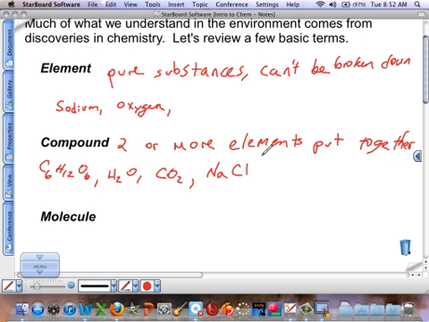So those are some common compounds. Now, what makes something a molecule? We have compounds, but H2O really doesn't exist. That seems weird, but it really does not exist.